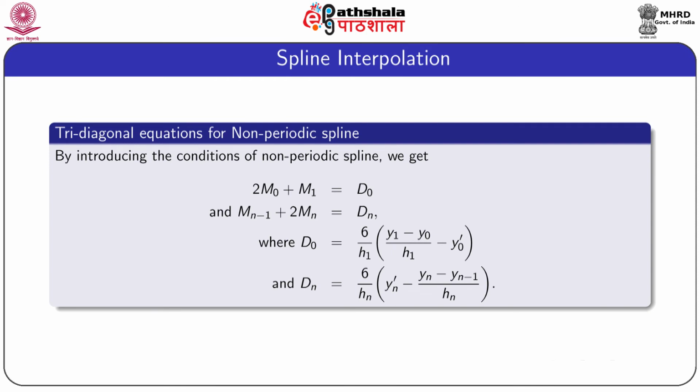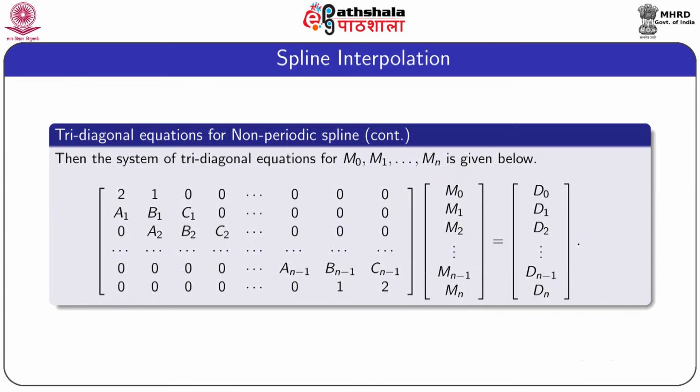Now, for non-periodic spline, the system of tridiagonal equations is obtained in this slide. By introducing the condition for non-periodic spline, we get 2 m0 plus m1 equals d0 and mn minus 1 plus 2 mn equals dn, where d0 and dn are calculated from the following expressions.